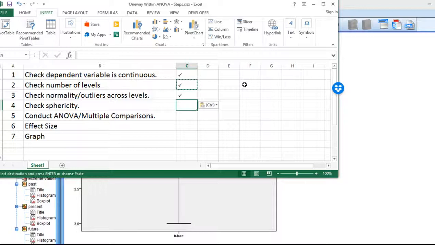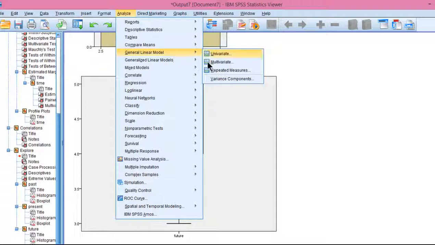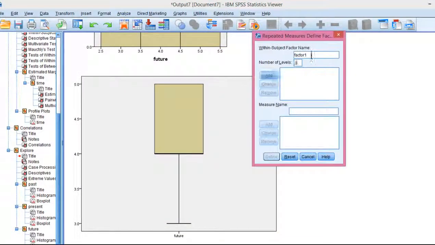Check sphericity, that's going to be done automatically in the ANOVA, so I'll be sure to check Mauchly's test of sphericity. And I'm going to do the protected Fisher's LSD in this analysis. So analyze, general linear model, repeated measures, 3 levels, and it's time: past, present, and future.